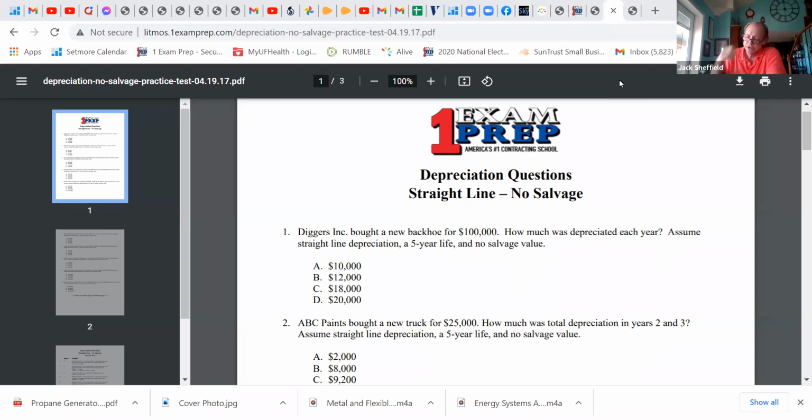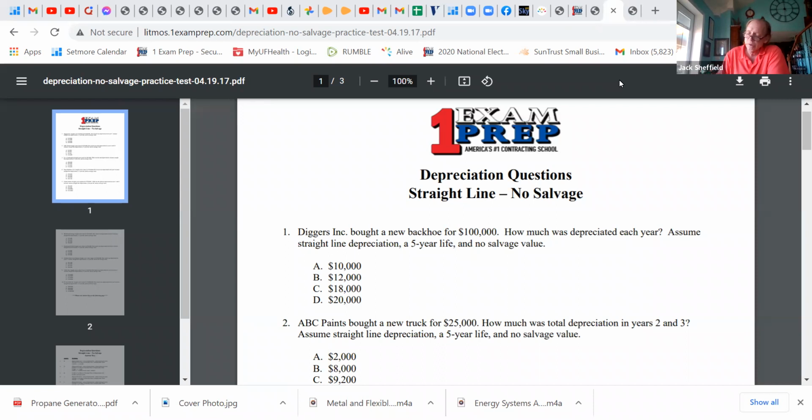Straight line depreciation is a way to spread the cost of an asset evenly over its useful life. The same amount of depreciation is taken each year. Now that's what's key right here, and that's why they call it straight line. The same amount of depreciation is taken each year until the depreciable base, that's the amount that you can depreciate, is reduced to zero. Okay.